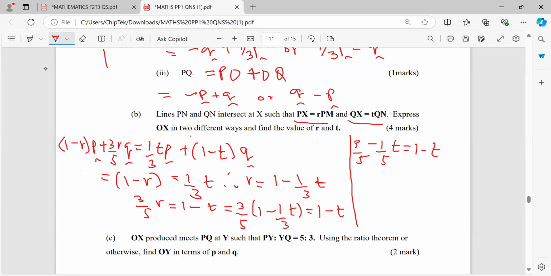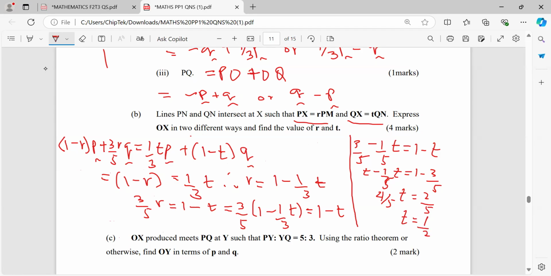So kama negative T leta huku, ile peleka huku. So itakuwa T minus 1/5 T equal to 1 minus 3/5. So hapa ni 4/5 of T equal to 2/5. So T hapo times 5/4 itakuwa ni a half.